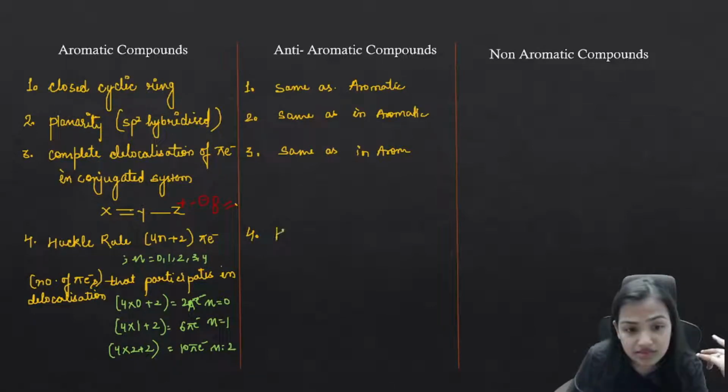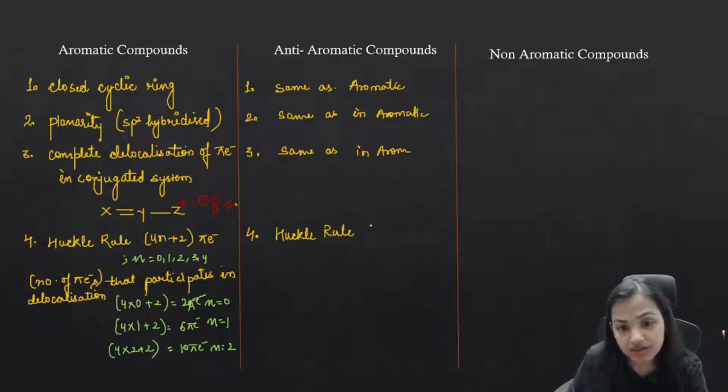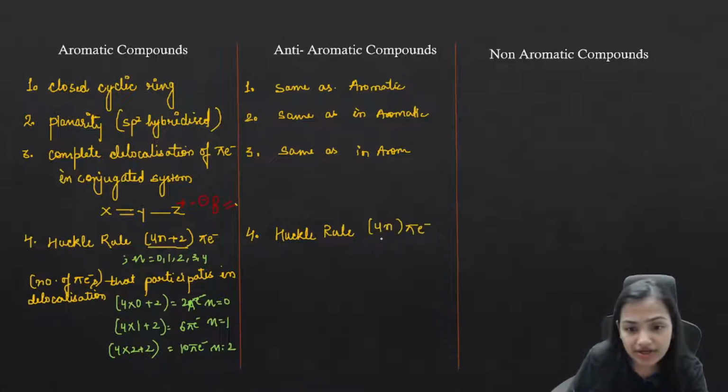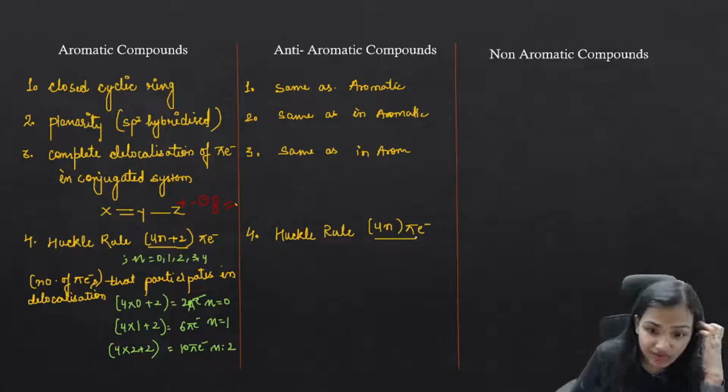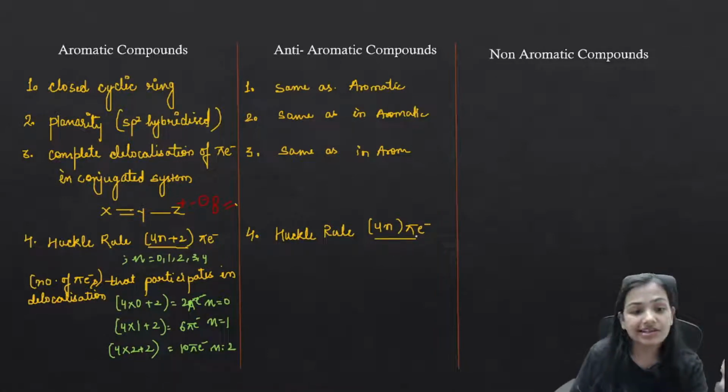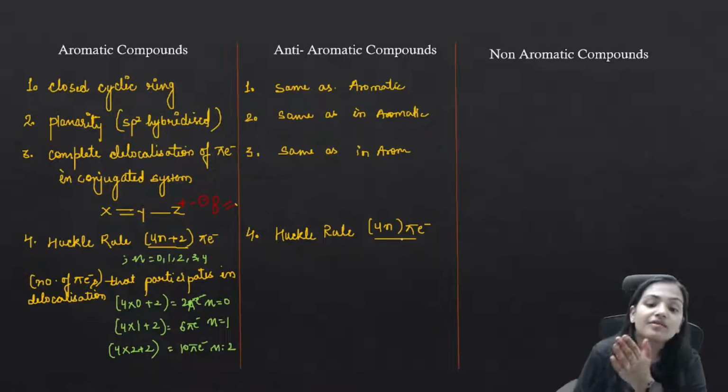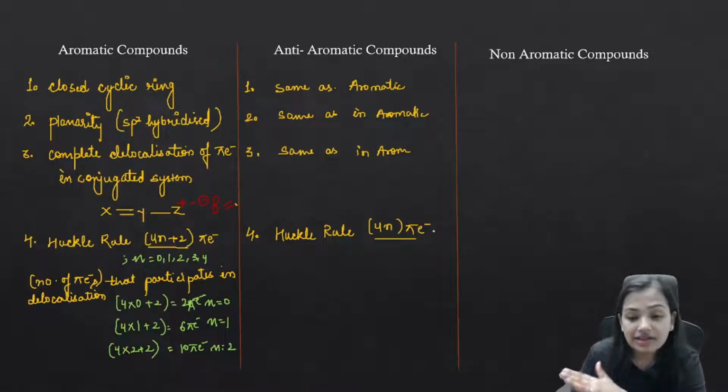As per the Huckel rule, if you have 4n pi electrons, see, there is a difference: for aromatic it is 4n plus 2 and here I am writing 4n pi electrons. So if you have 4n pi electrons, then it is said to be anti-aromatic.